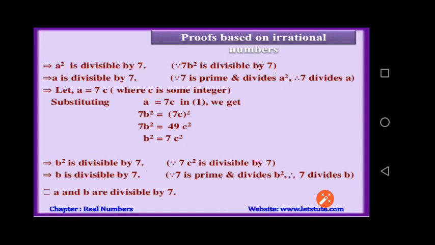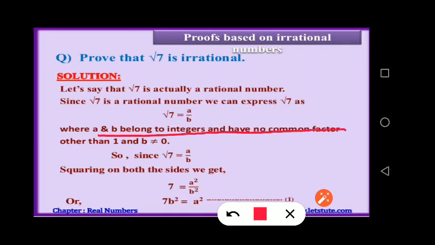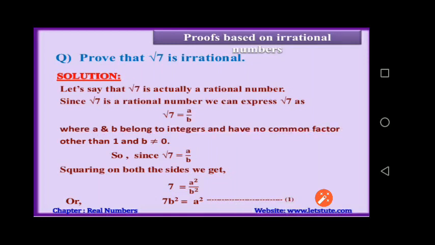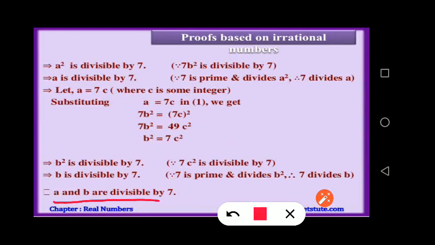But what have we chosen? We have chosen that a and b are integers such that they don't have any common factor other than 1. But we got a and b both divisible by 7.